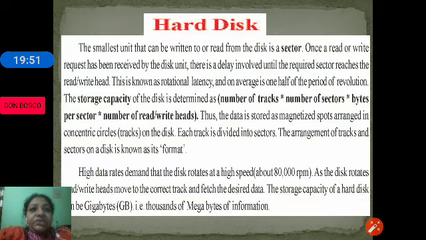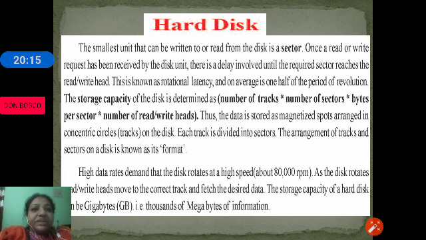The smallest unit that can be written to the disk is called a sector. Once a read-write request is made, there is a delay until the required sector reaches the read-write head. This is known as rotational latency, and on average it is half the period of a revolution.